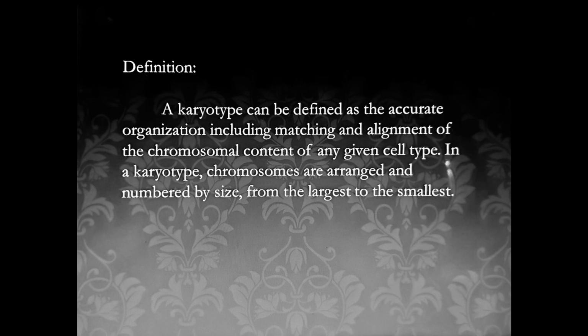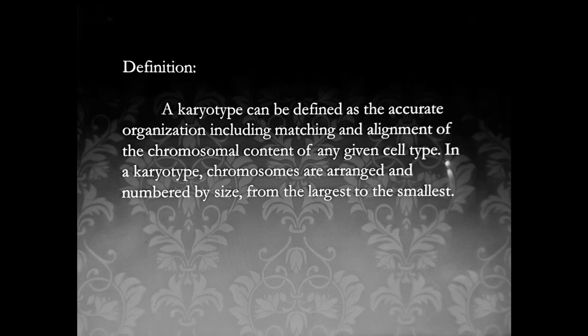Matching means they are matched against the normal: when you karyotype your cells, your chromosomes will be matched with the normal set, the normal information which they have. And alignment means arranging the chromosomes according to their size from largest to smallest. So we can define this as organization of chromosomes including matching and alignment, arranging them from largest to smallest size.